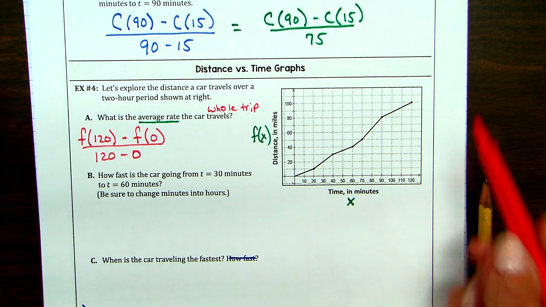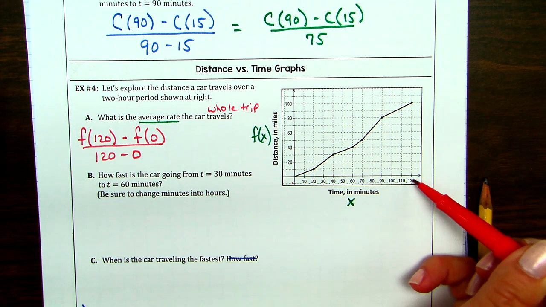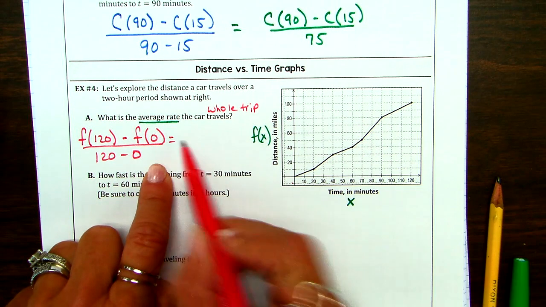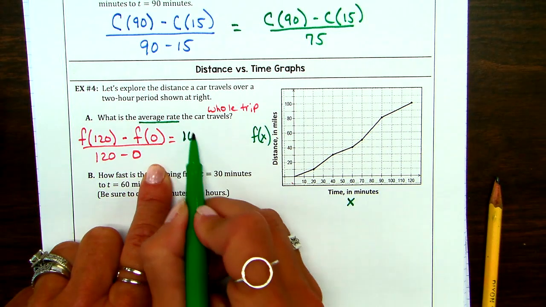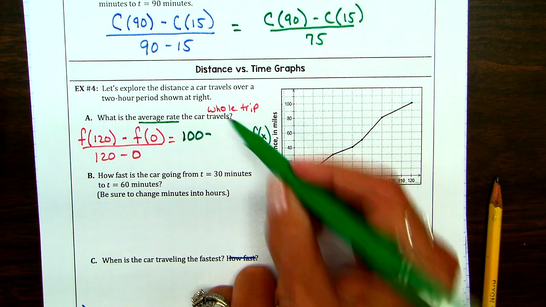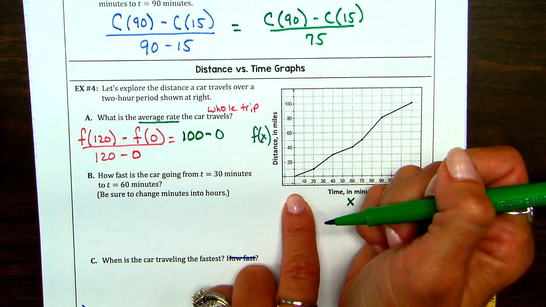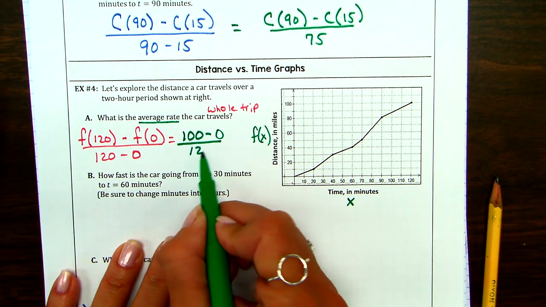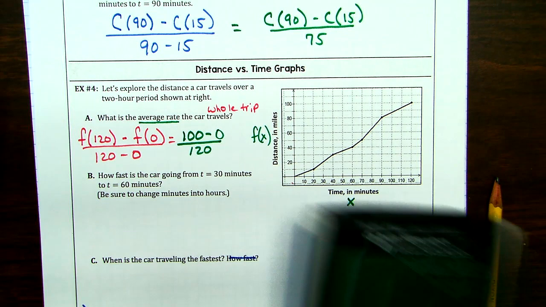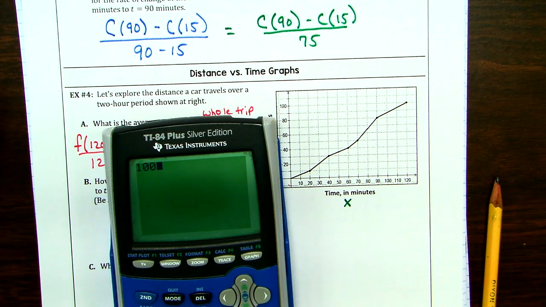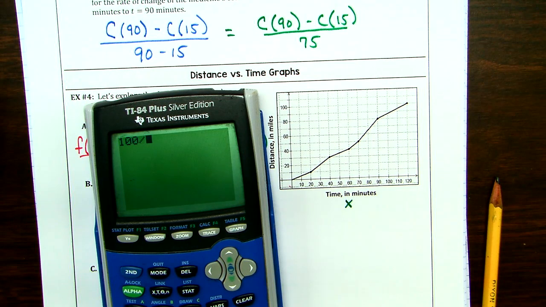So using the chart, at 120 minutes, our y value or distance was 100. At 0 minutes, we went 0 distance, right? We hadn't started the trip yet, over 120. So 100 minus 0 is 100, divided by 120.